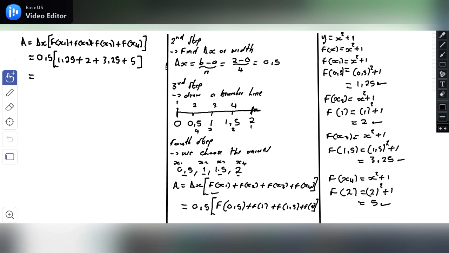Right. Therefore, the final answer is going to give us 5.75. Because remember, it's the area, we're calculating the area.